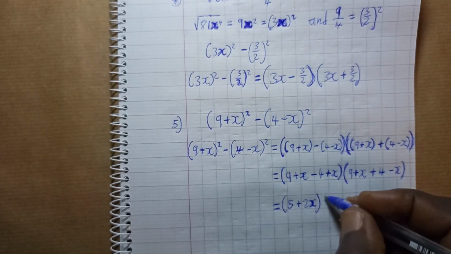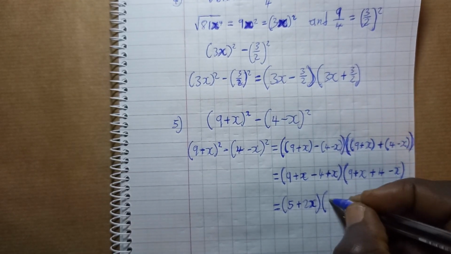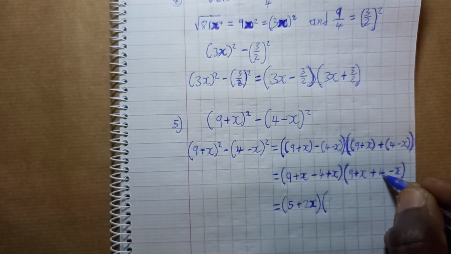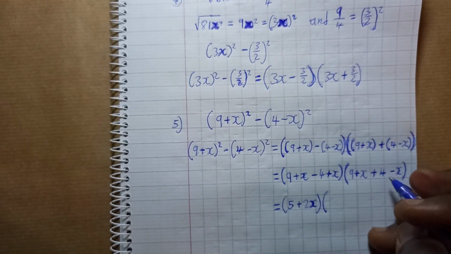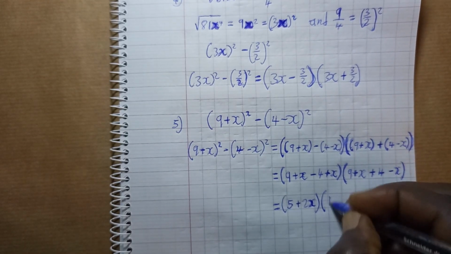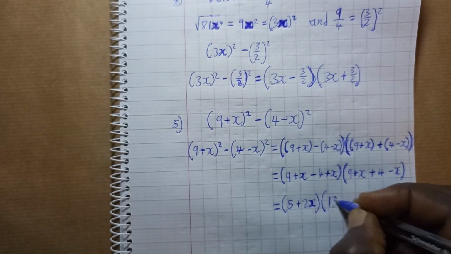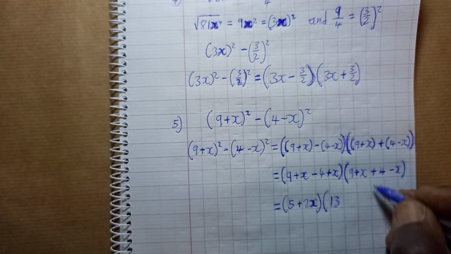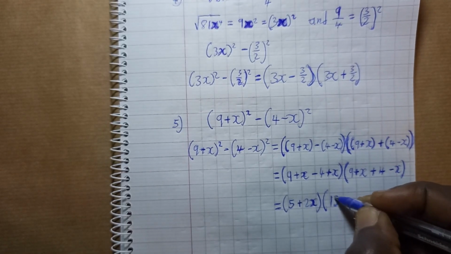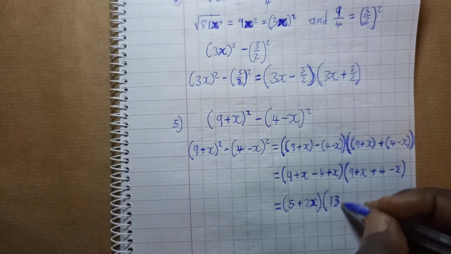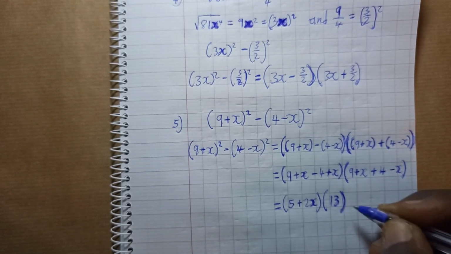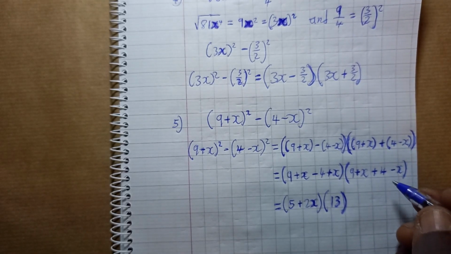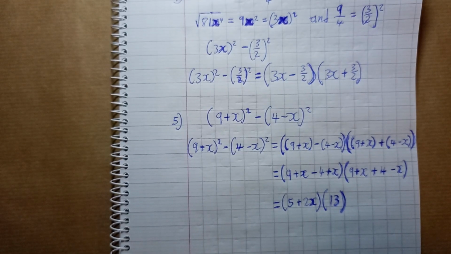And then for the other one, open your bracket, and then we have 9 plus 4, which is 13, plus x minus x, that is 0. So the letter x has vanished, no longer exists. So the answer here is 13. So this is the answer to number 5.